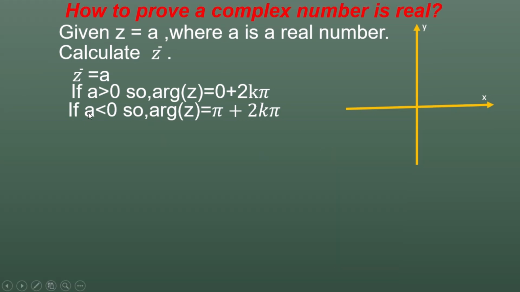If a is different from 0, it means the image is here or here. Then the argument is either 0, pi, 2 pi, 3 pi, 4 pi, 5 pi, etc. Then the argument of z equals k pi.